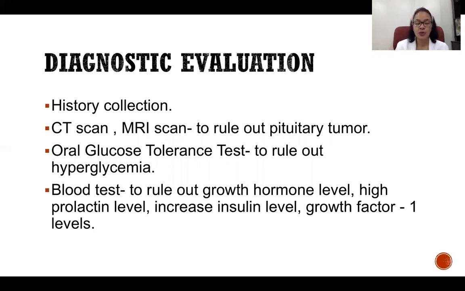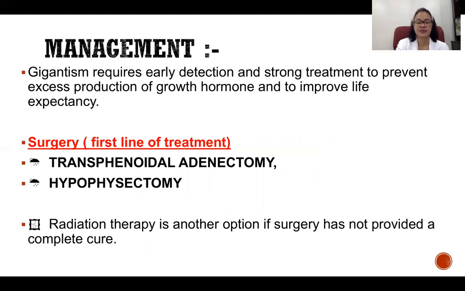You can also do an OGTT and blood tests to determine the levels of growth hormone, and even high prolactin, increased insulin, or insulin-like growth factor 1 levels. To manage, since the main etiology is the presence of a tumor or a mass, surgery is the first line of treatment.